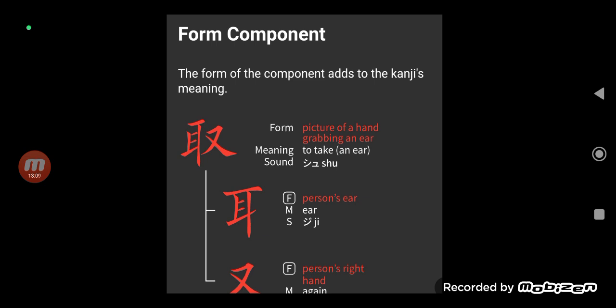There are times that even form components affect or hint at the meaning of a particular kanji. Just like here, the form of that radical adds to the kanji's meaning.